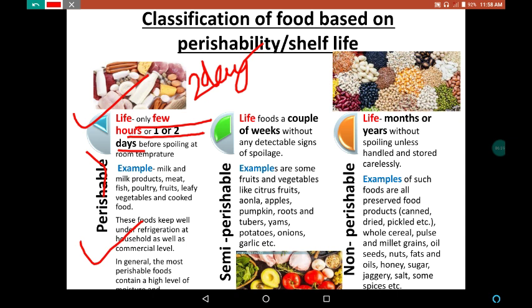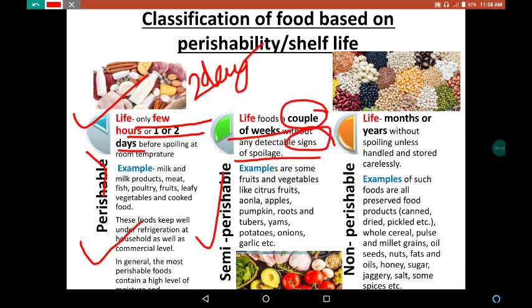Another type of food is semi-perishable food. Semi-perishable foods are those which can stay a couple of weeks without any sign of spoilage.